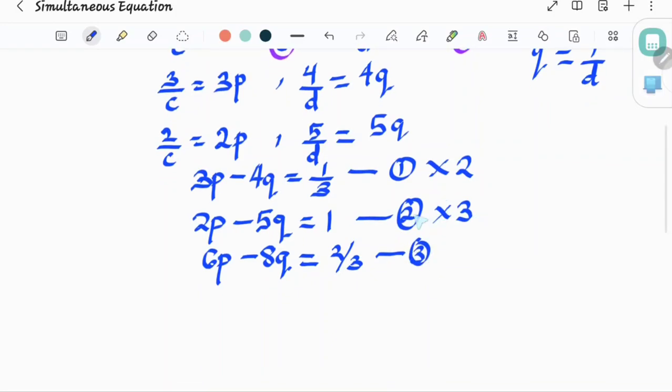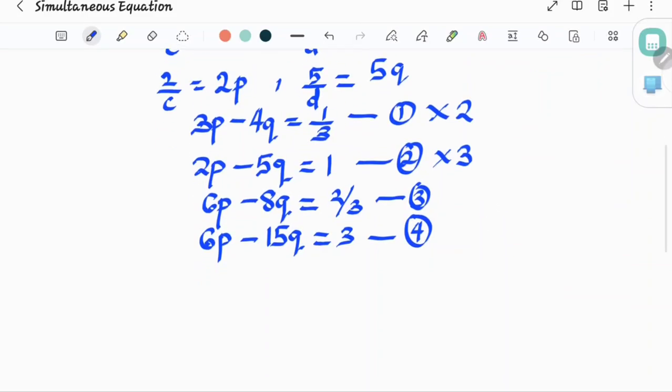Now the same thing, 3 multiplying equation 2, you're going to get 6p. Negative 3 times this is going to give us 15q, equals 3 times 1, which gives us 3. That's our equation 4. Now from here, basically what we can just do is say equation 3 minus equation 4. Anyone will work.